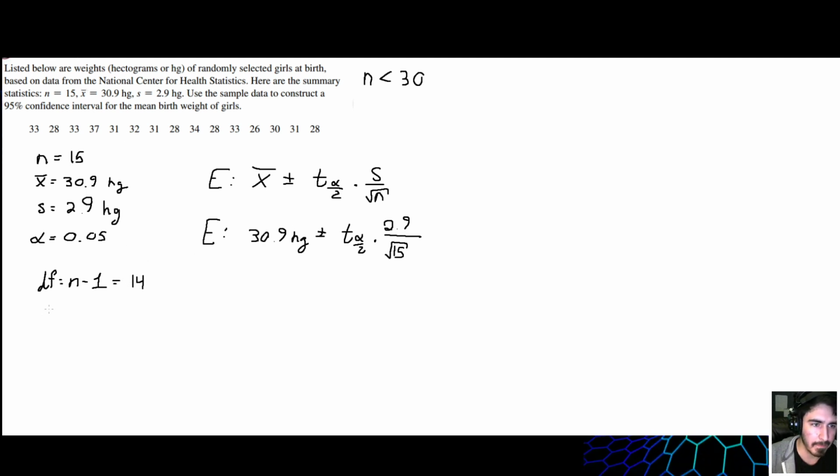So we have that. And we have the alpha value, so we just need alpha over 2. And that's going to be 0.05 over 2, or 0.025.